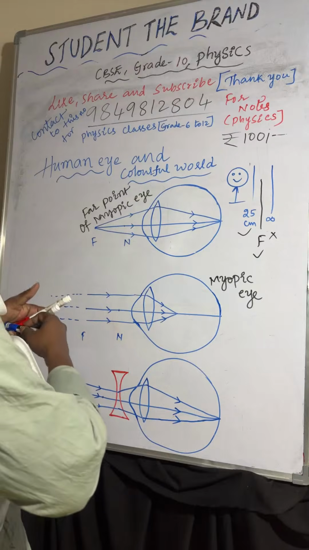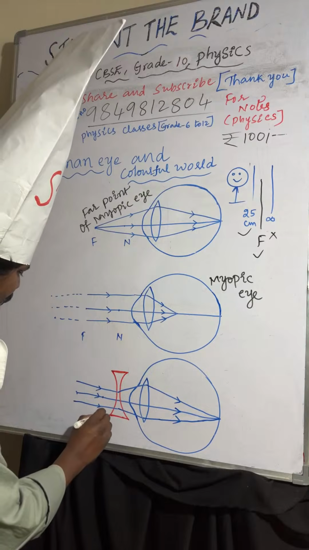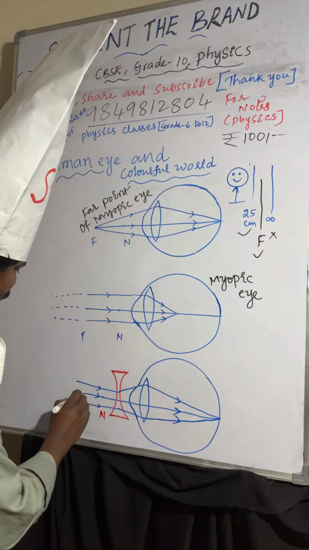So we are taking the light rays from this, this is N, this is F.